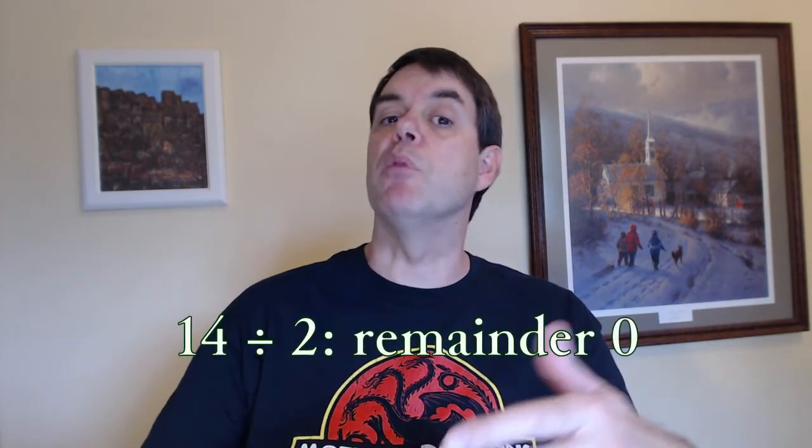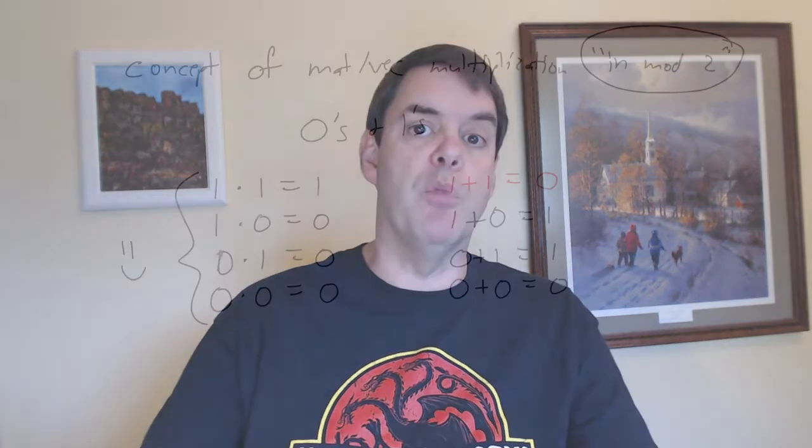Whereas if we add a bunch of stuff up and we get 14, that's going to give us the number 0, because 14 divided by 2 gives you a 0 remainder. So really all that's going on here is we're essentially counting the number of ones that we have if we're doing a long number of additions, and we're figuring out whether we have an even number of ones or an odd number of ones.